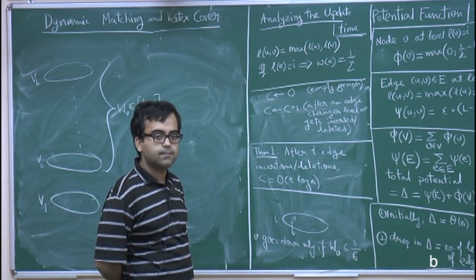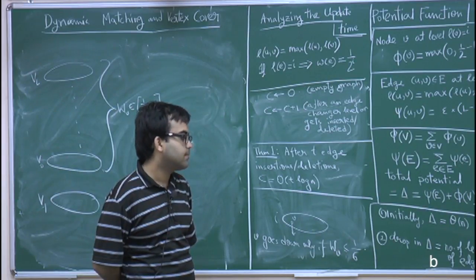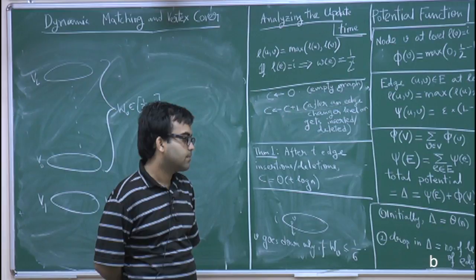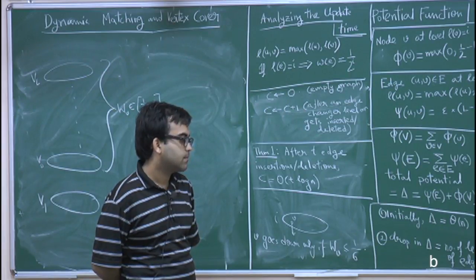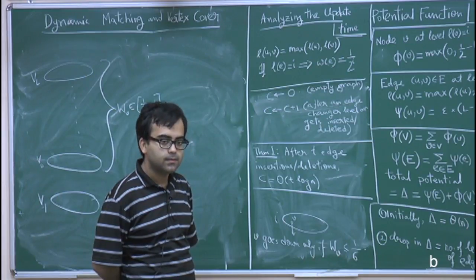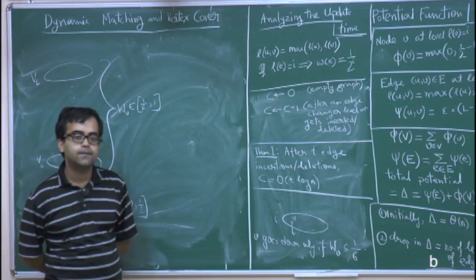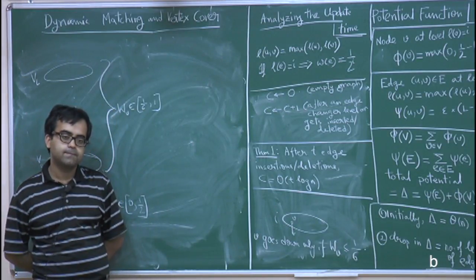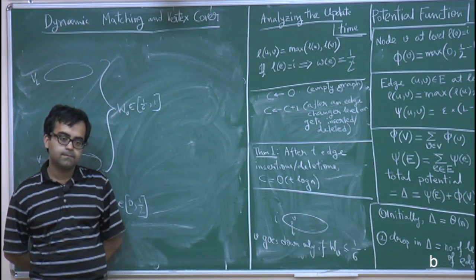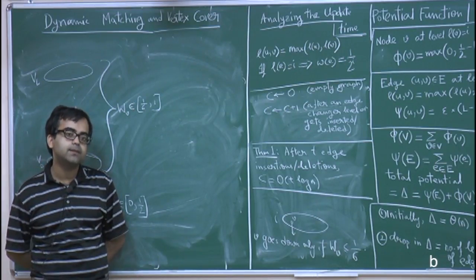Are you saying that for, say, one edge insertion, the edges can go arbitrarily up or down? I am not understanding. Okay, what is the point of confusion? You said that this is too good to be true, right? Yes. What is the statement that I meant?